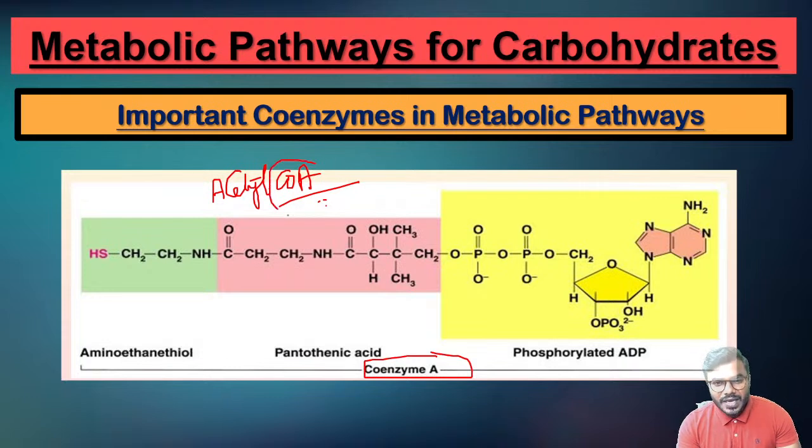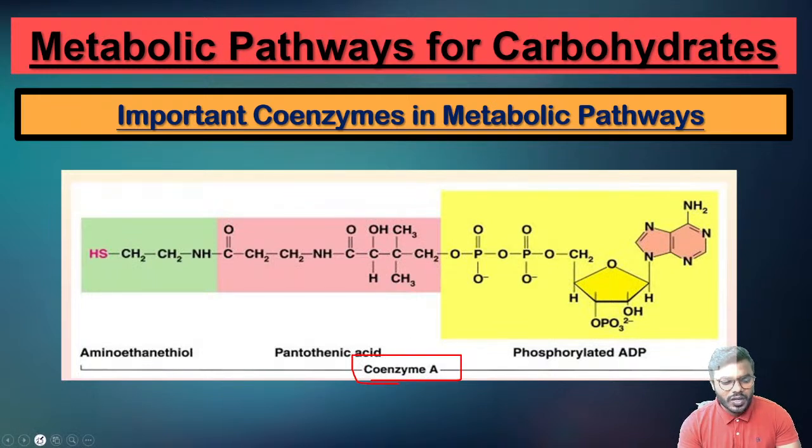The coenzyme A is an important precursor molecule in many metabolic pathways. Now, all the students, try to understand what coenzyme A is made up of. That's all. It is made up of phosphorylated ADP, pantothenic acid, and aminoethane thiol.